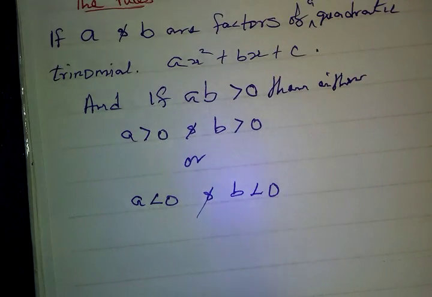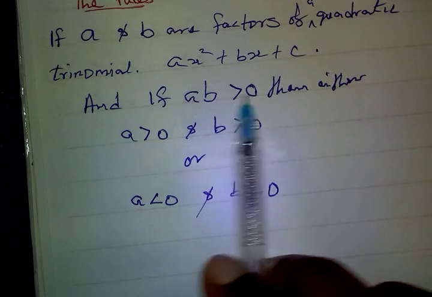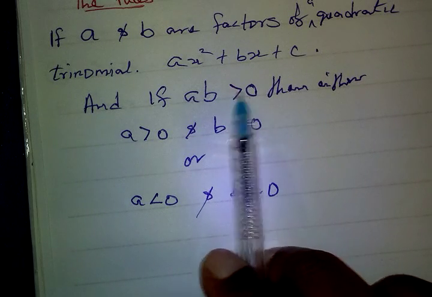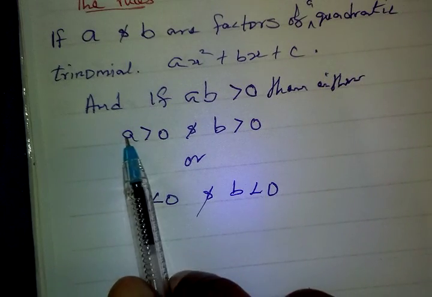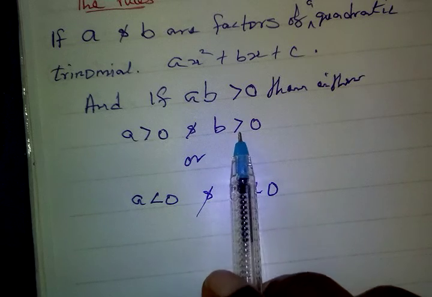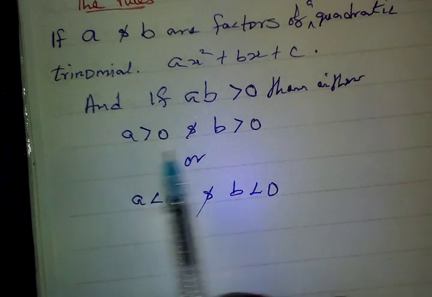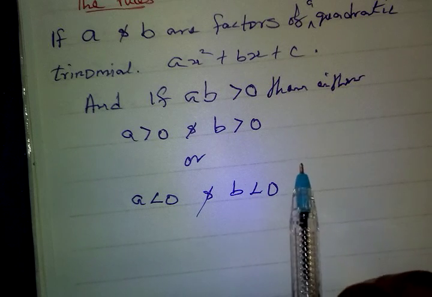Basically what we are saying is that for us to multiply a and b and get a number that is greater than 0, that is a positive number, it is either that a is greater than 0, a positive number, and b is also greater than 0, a positive number. That is, we multiply a positive number and a positive number to get a positive number.